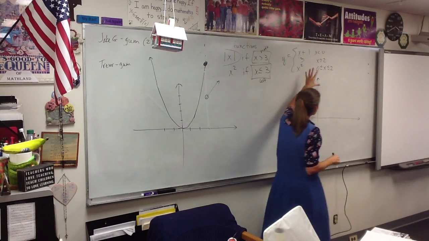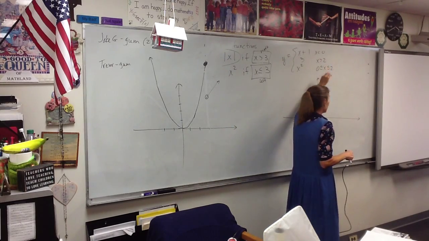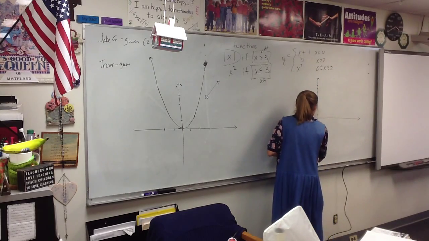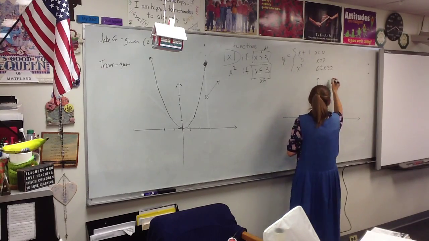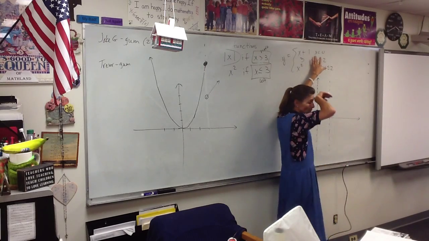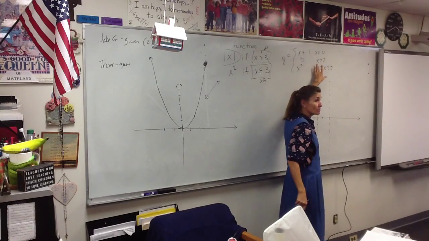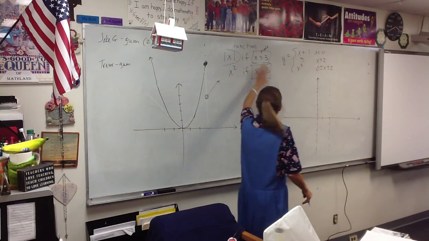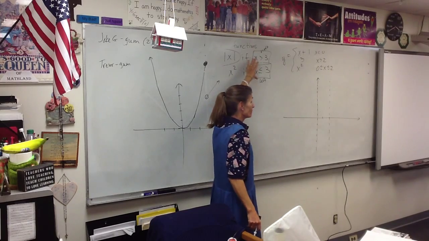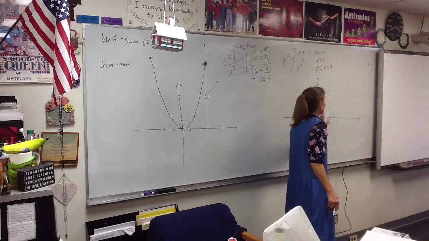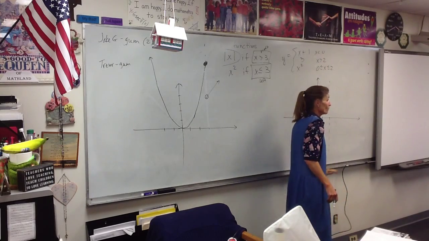And if you pay attention to what's going on over here, we've actually got 2 breaking points. 2 boundaries. We have a boundary at 0, and we have a boundary at 2. This one only had 1 boundary. This one has 2. We've got a boundary at 0 and a boundary at 2.